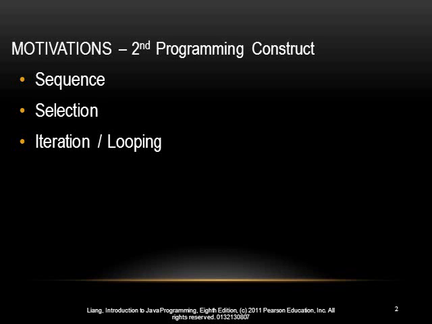And in the selection construct, we are going to be able to choose what instructions we execute. And we'll move on in chapter 4 to the iteration or looping construct. And these 3 constructs, the way we put them together in combination with each other, can make some very powerful programs.